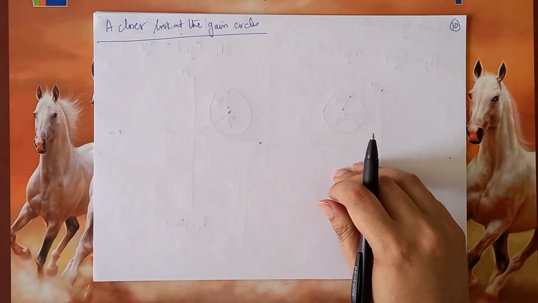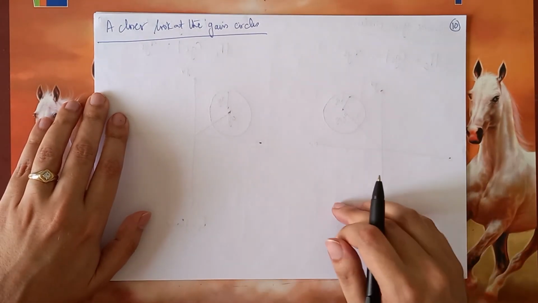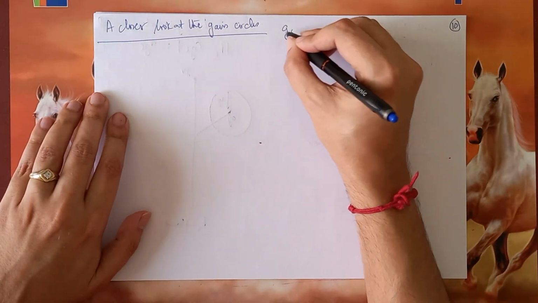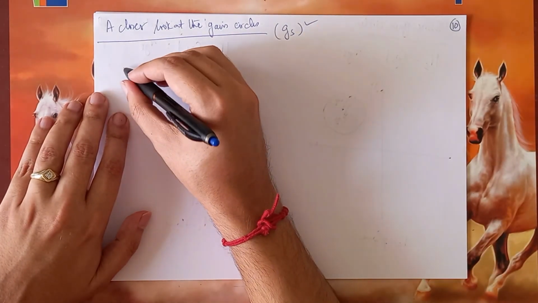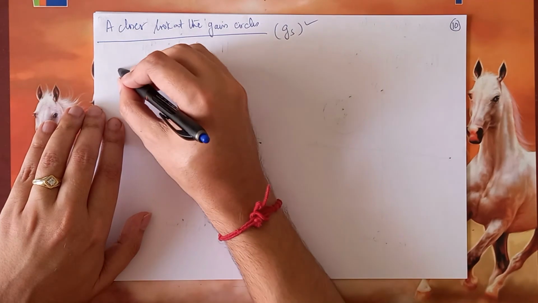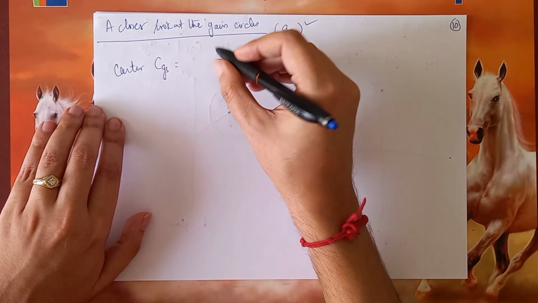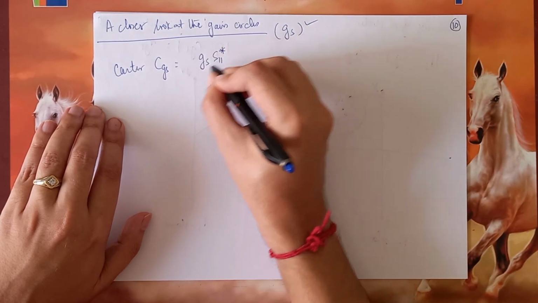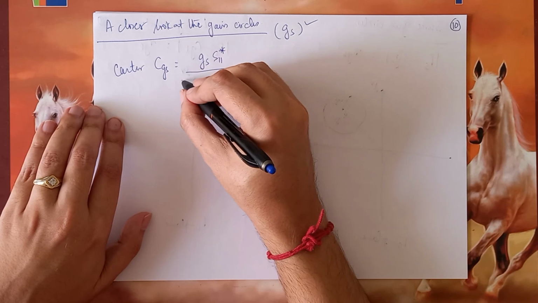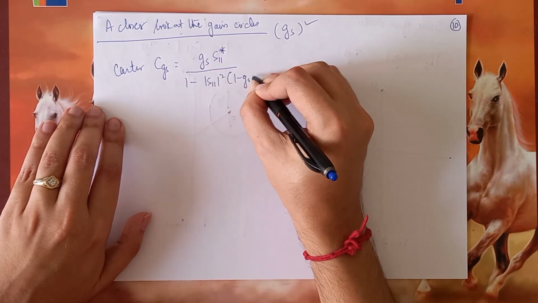So let us look at any of the gain circles, either G_S or G_L. Let's go for G_S. We can choose G_L also. So the equation comes out to be something like this, where the center C_GS is G_S times S11 conjugate divided by 1 minus mod S11 squared times (1 minus G_S).